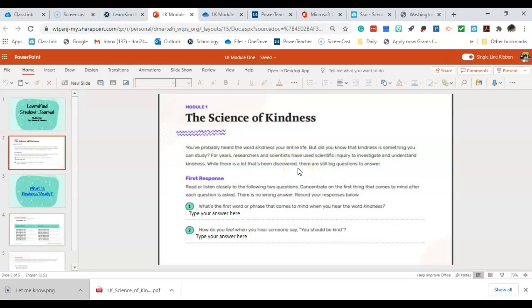This is, again, we started this last year, so we're just going to continue talking about kindness. And as you know, kindness is very important to me. I feel like it's something that we are lacking maybe in our society a little bit, and in the way that we deal with each other and we talk to each other.